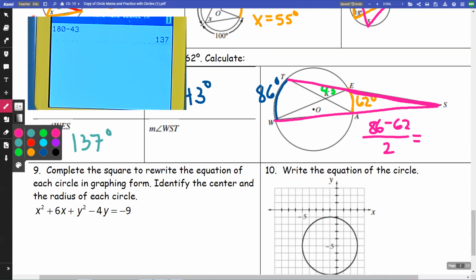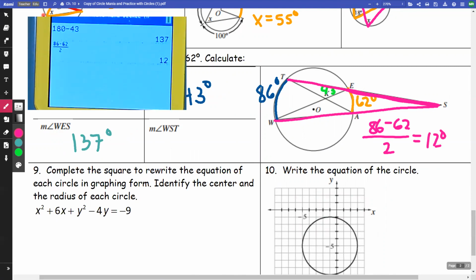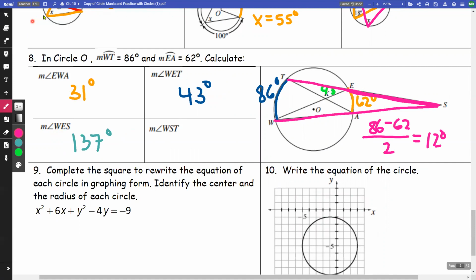So I'm going to take 86 minus 62 divided by 2, and I get 12. And that's the answer here. This is 12 degrees.